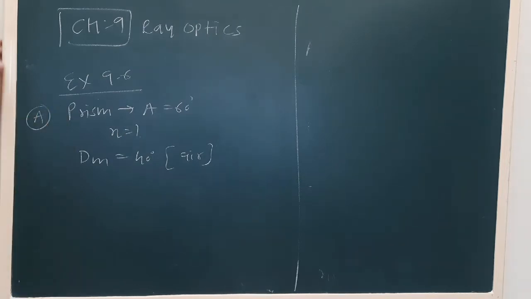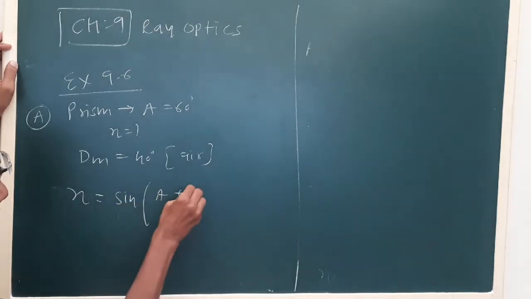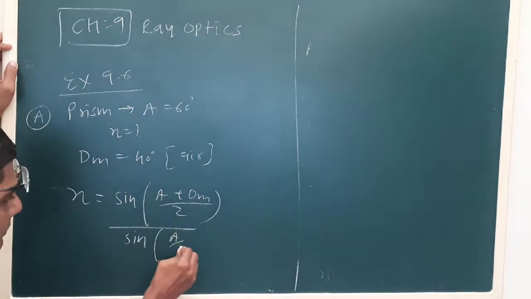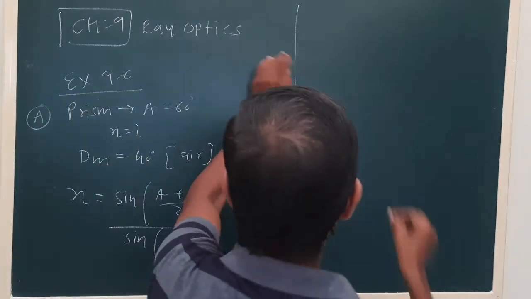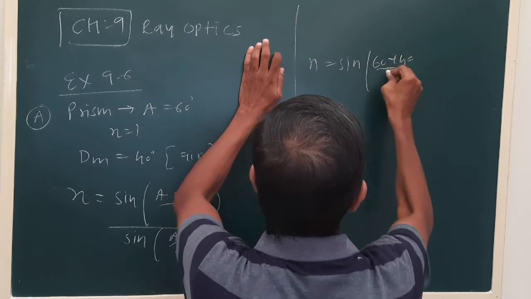Now let us find out first. What is the formula of the refractive index of the material of the prism? It is sin of A plus dm by 2, upon sin A by 2. Now A is given as 60, the angle of minimum deviation is 40 degrees, so sin of 60 plus 40 by 2.